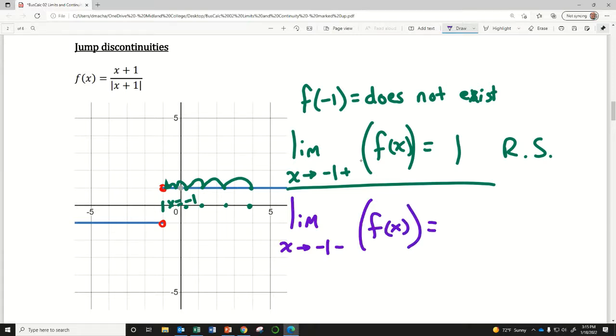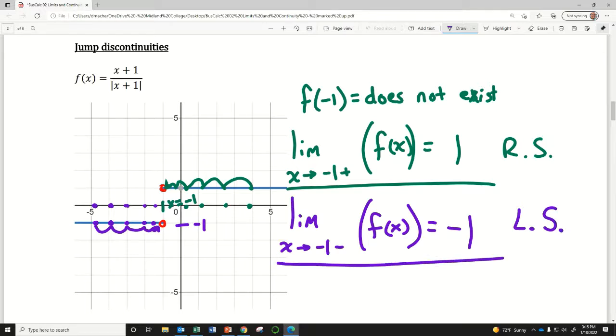And this means I have to start somewhere on the left side of -1 and then take a bunch of output values from my function as my inputs are approaching x equals -1, and see that as I approach from the left side, the values of my function are approaching -1 here. So this time, it's not like the point discontinuity. This time my left-sided limit is actually different from my right-sided limit.